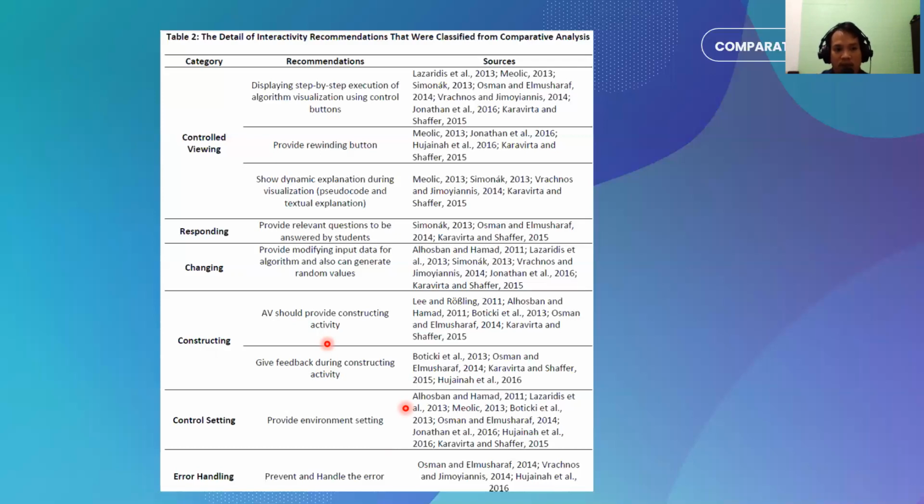Last but not least, error handling. It's to prevent and handle errors. For instance, while users are able to change the input number to be sorted in bubble sorting, we prevent and handle the errors. There is an input text where they can put numbers with a space.